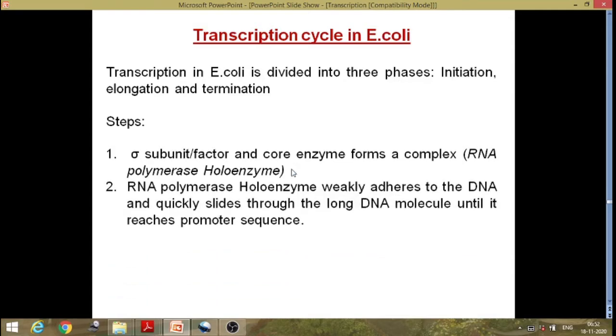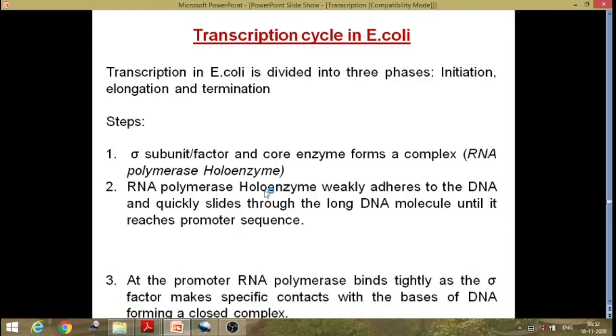Then the RNA polymerase holoenzyme weakly adheres to the DNA and quickly slides along the long DNA molecule until it reaches the promoter sequence. That means the RNA polymerase holoenzyme binds weakly to the DNA molecule much before the promoter sequence, and then it slides along the DNA until it reaches the promoter.